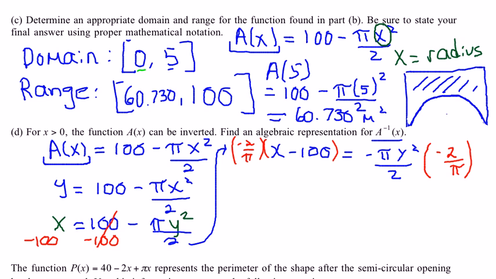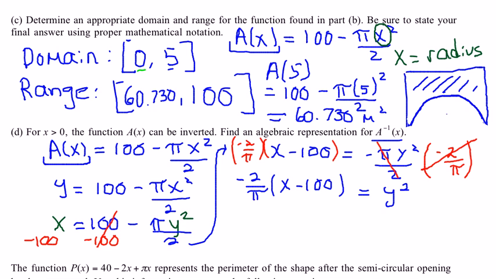That will allow me to cancel this with this, and I will get negative 2 over pi multiplied times x minus 100, and that is equal to y squared. Okay, we're almost there, not quite done.